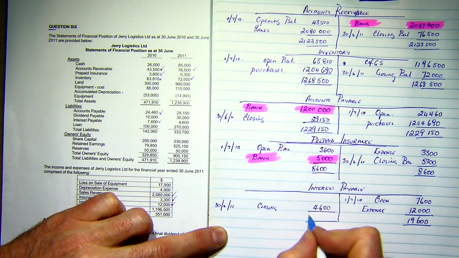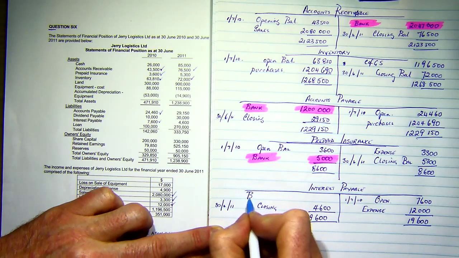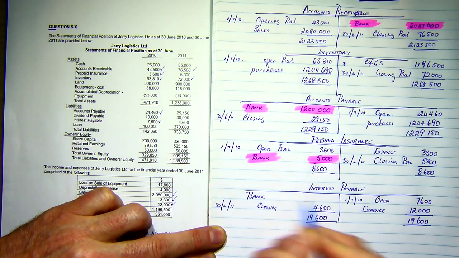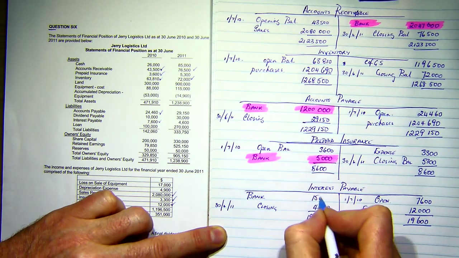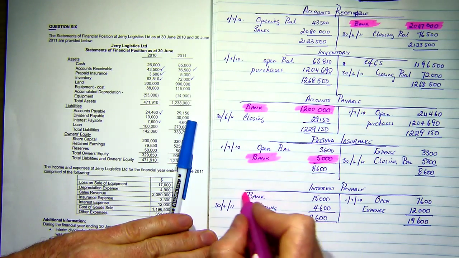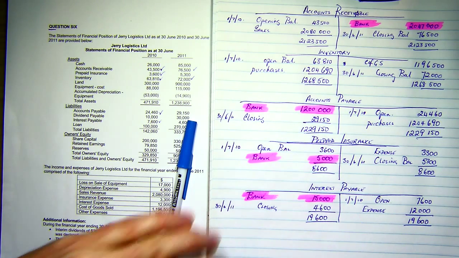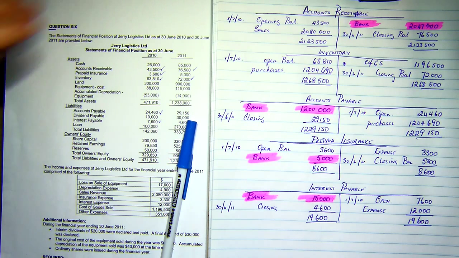So we're looking here for 19,600. So what did I pay for in interest this year? It must be the difference between here and here, which will make 15,000. And again, I'm looking to put that amount into my cash flow statement for the year.